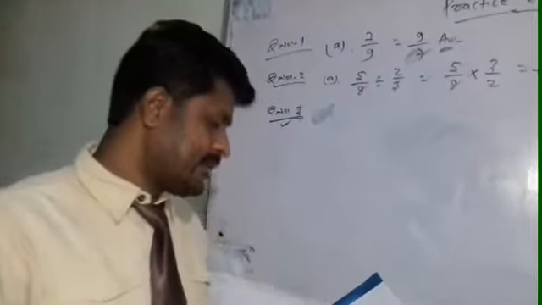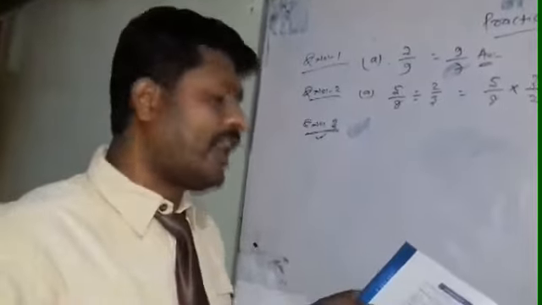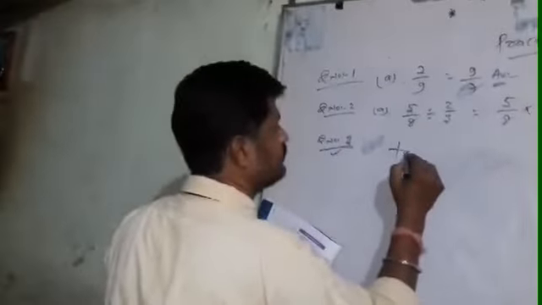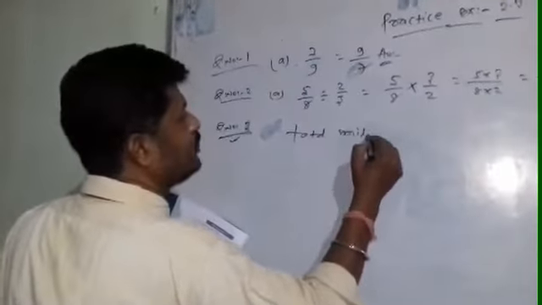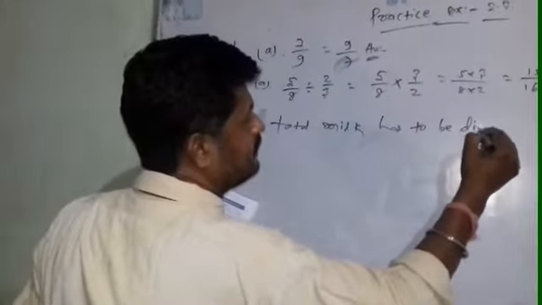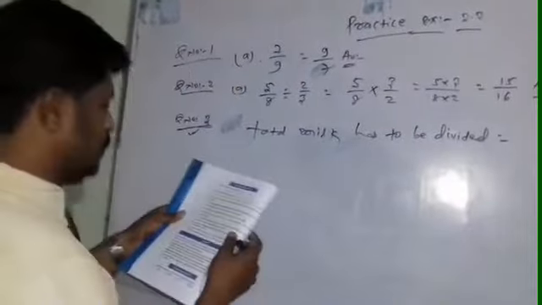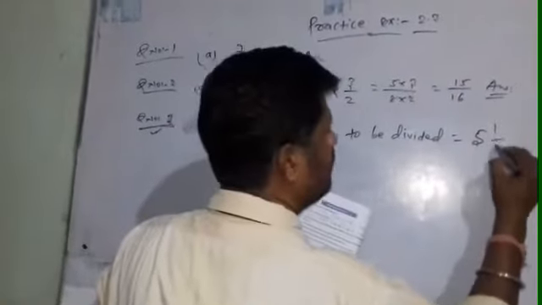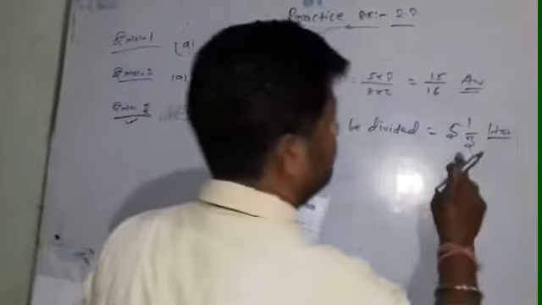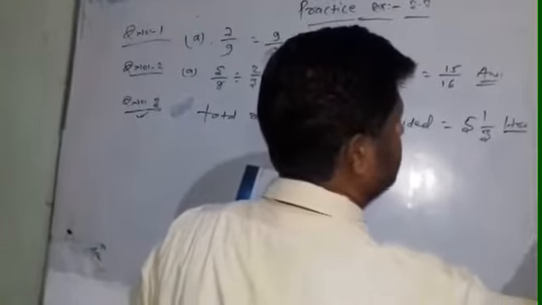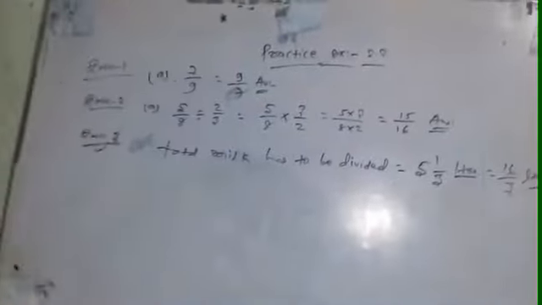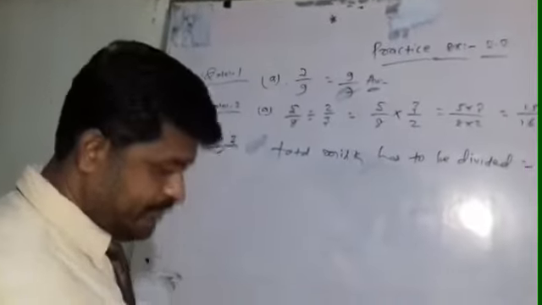Total milk to be divided is equal to 5 whole 1 by 3 liters. That means 16 by 3 liters has to be divided between 8 children.